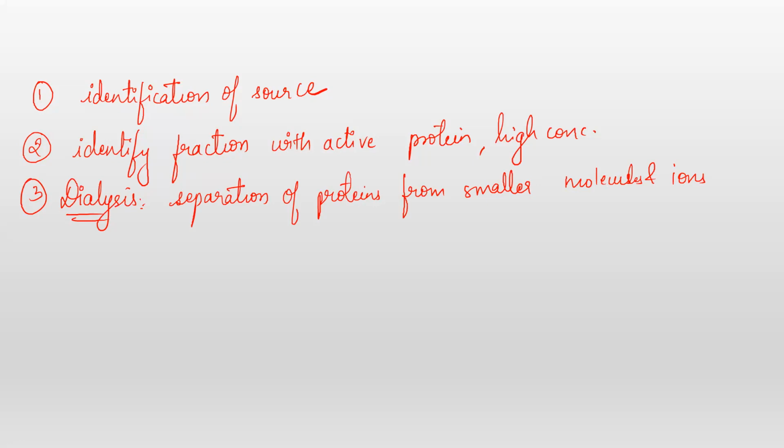Now it's a mixture of the protein plus the other stuff. It has a cutoff value, and it will retain your protein inside the bag, but the other cellular components or other contaminants which you do not want, other smaller molecules, will come out. It is done in a buffer system. It will all come out in the buffer, and whatever remains in the dialysis bag is the protein plus the other larger molecules. So the semi-permeable membrane is known as a dialysis bag.